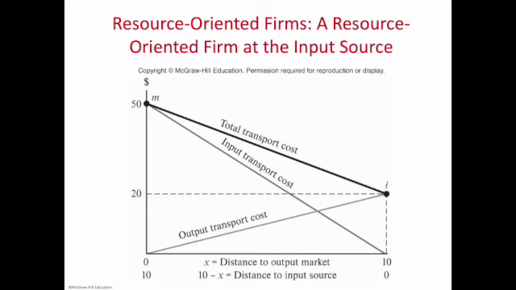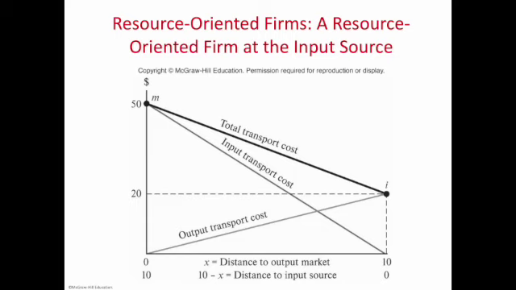The graph shows the firm's transport costs. The variable X measures the distance from the factory to the output market in a city. If the forest is 10 kilometers from the output market, the distance from the factory to the forest is 10 minus X. The input transport cost equals the monetary weight of the input, the physical weight Wi times the transport cost rate Ti, times the distance between forest and factory.